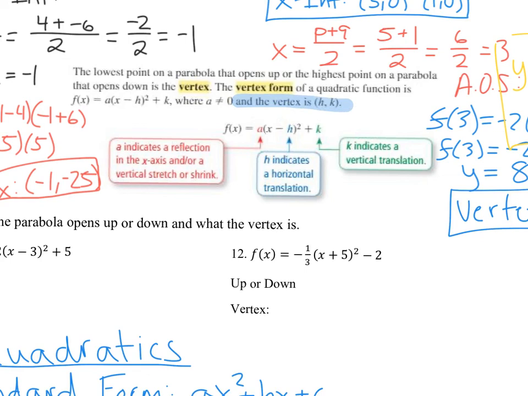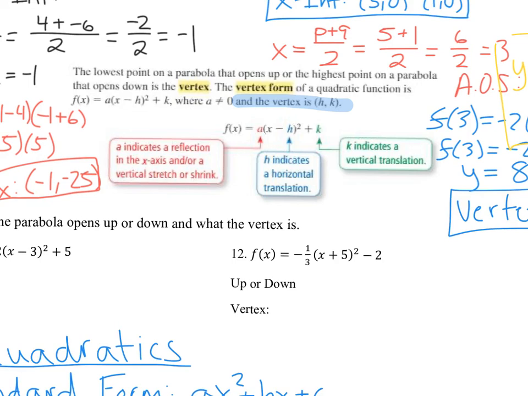The reason we call this the vertex form is because it literally demonstrates what your vertex is. You can see how mathematicians aren't really original by how they name things. The vertex form really highlights the vertex. The intercept form really highlights the intercepts. And then standard form, unfortunately, just highlights the standard form. It doesn't really highlight too much of any of the characteristics.